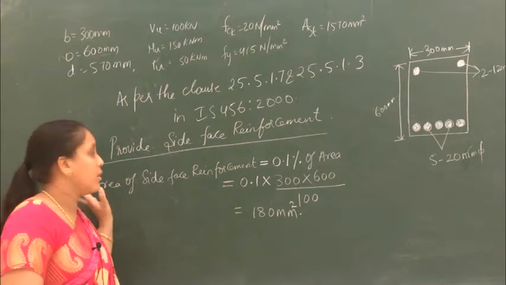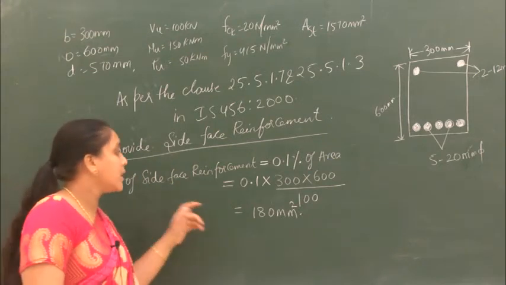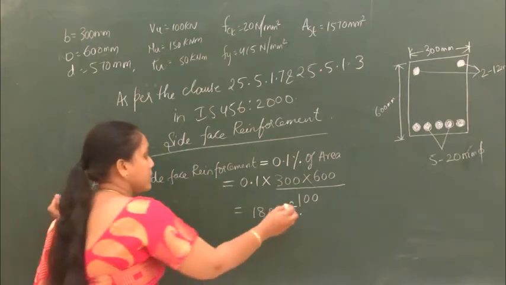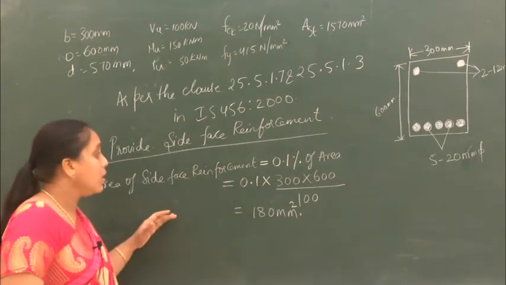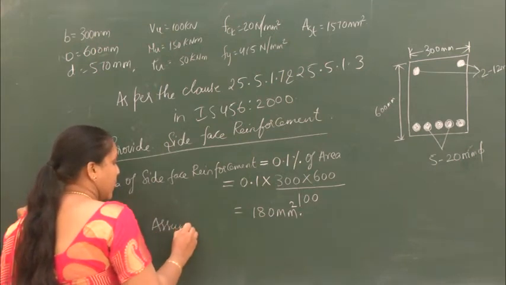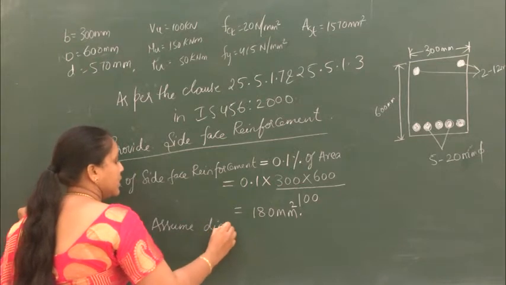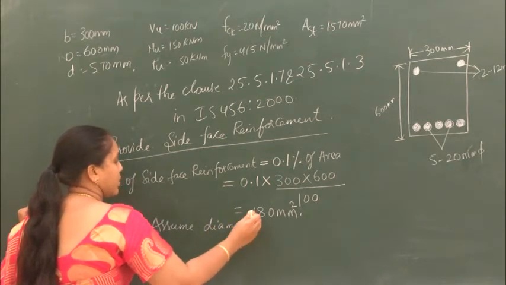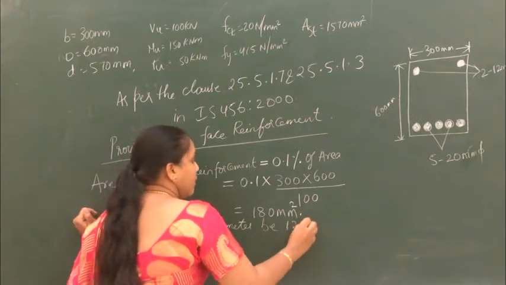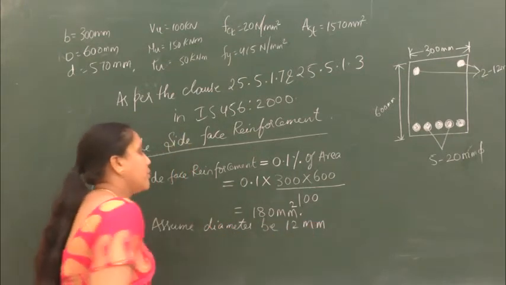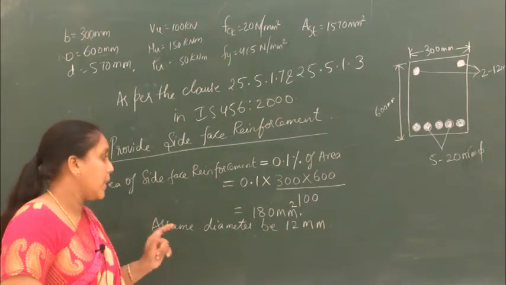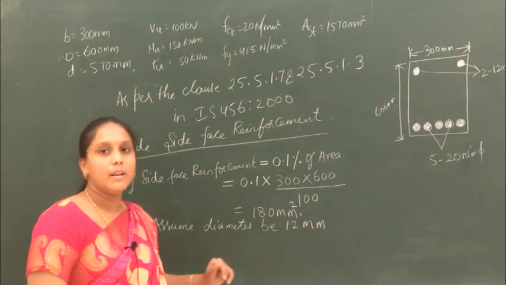So how much is the area of the side face reinforcement you have to provide? It is 180 mm square. So here let me assume that the diameter of the side face reinforcement is 12 mm.